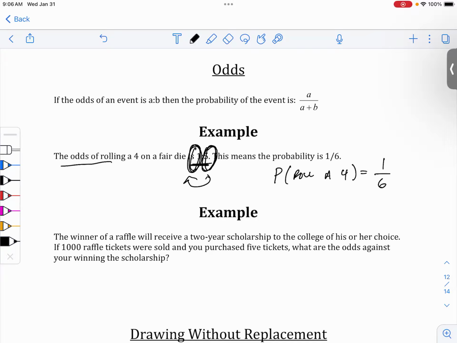Notice that those two numbers together sum to the denominator. And in order to do odds against, you flip it. It would be odds against rolling a 4 is 5 to 1.